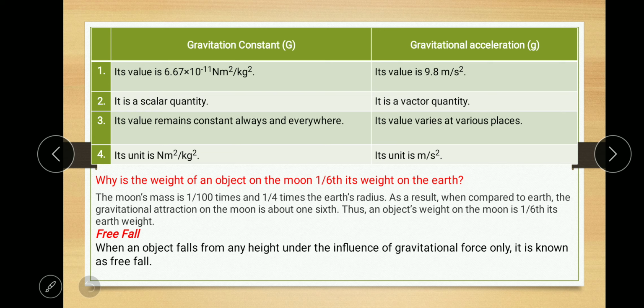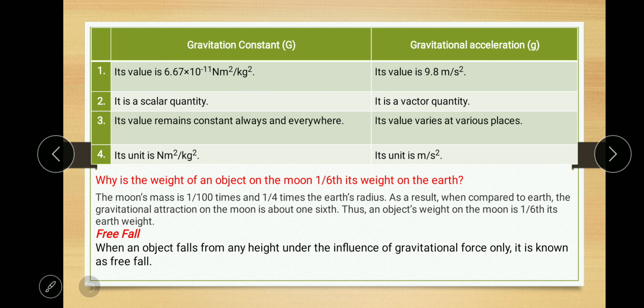As a result, compared to earth, the gravitational attraction on the moon is about 1/6. Thus an object's weight on the moon is 1/6 its earth weight. The mass is 1/100 times less and the radius 1/4 times less, so g is 1/6 times less.